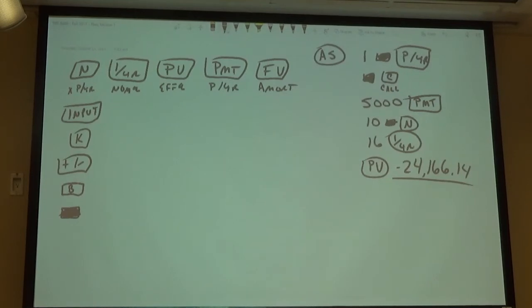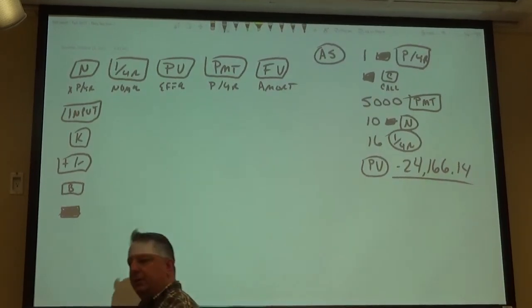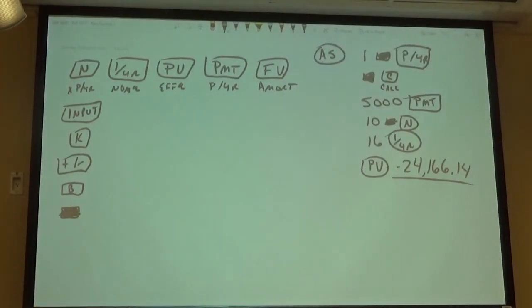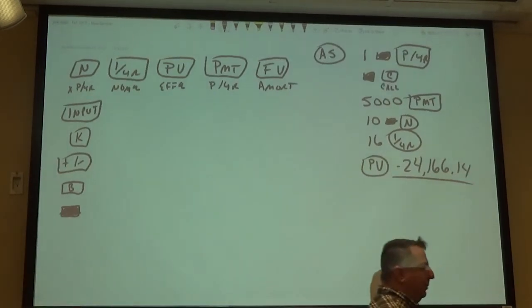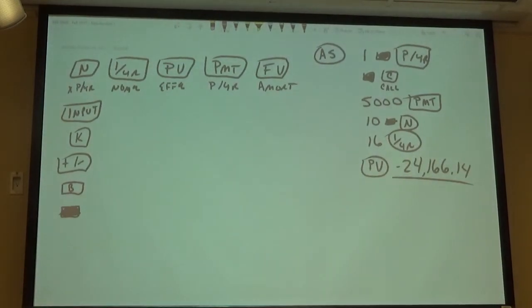Okay, so you should get negative 24,166.14. If you did not get that, you did something wrong. Now, what does that number represent?